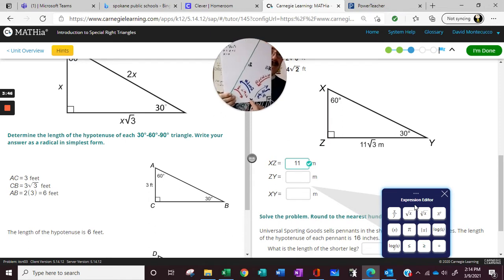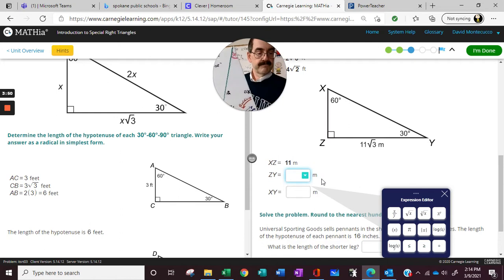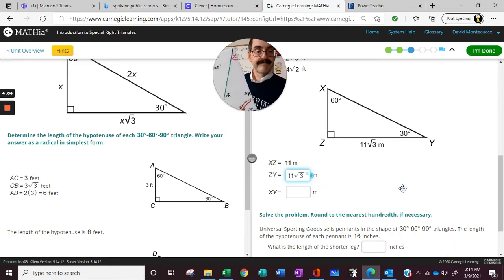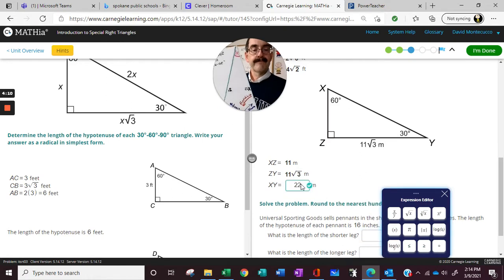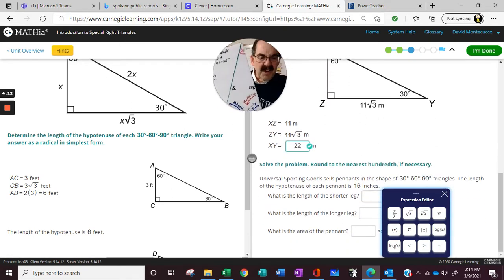Now we've got an 11, go to the hypotenuse, just double. 2 times 11. Oh, we're just typing in the answer. It's given to us. Whoopsie. Okay, now 2 times 11. There we go. Hopefully that was helpful.